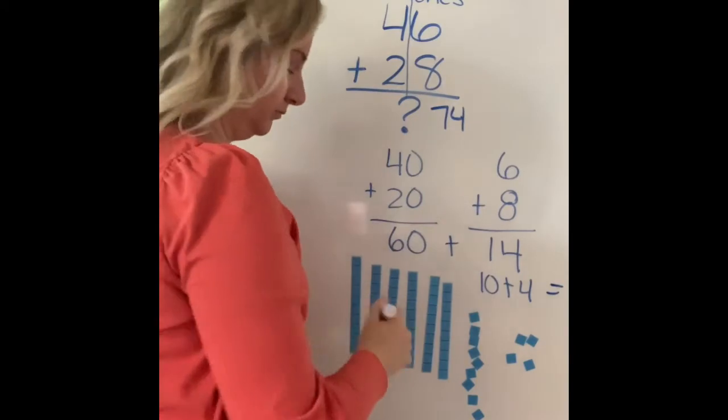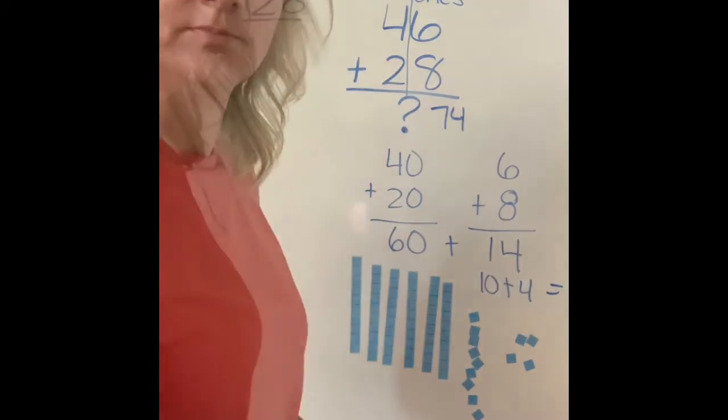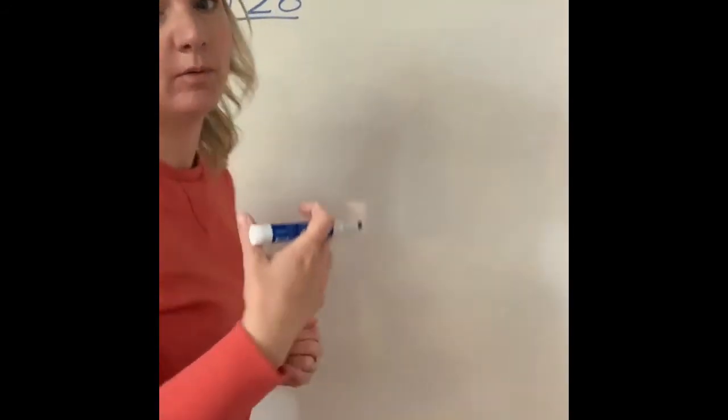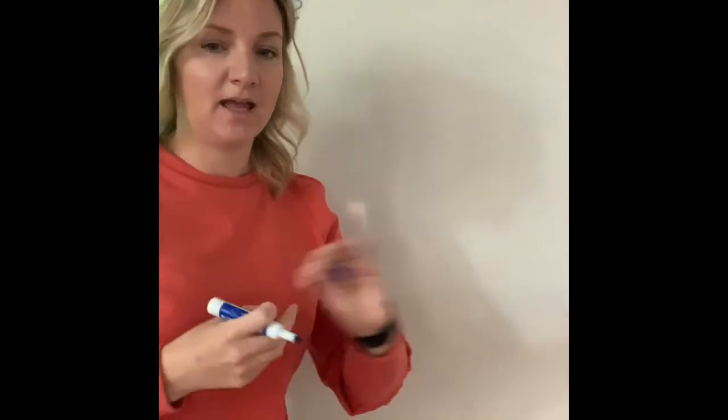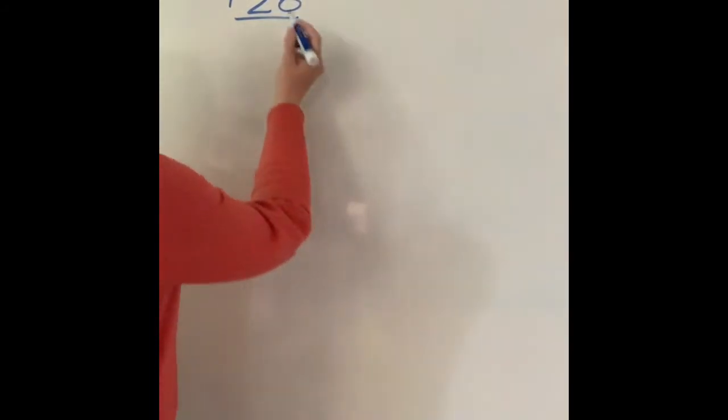All right, so now we're going to try it without our 10s and 1s blocks. So same thing, we're going to add the 1s together and we're going to add the 10s together, and then we're going to make 10 and add easily in our heads. So if I am just adding the 10s up, I have 30 and I have 20.